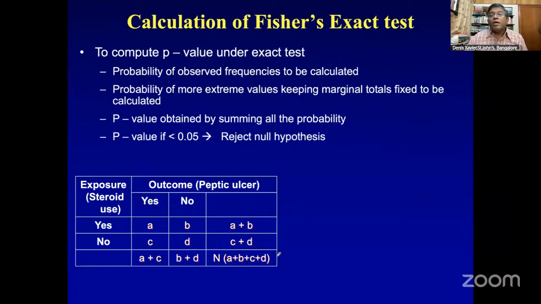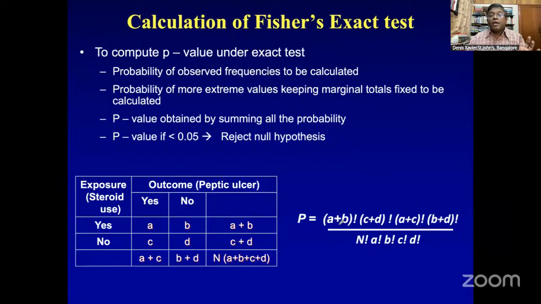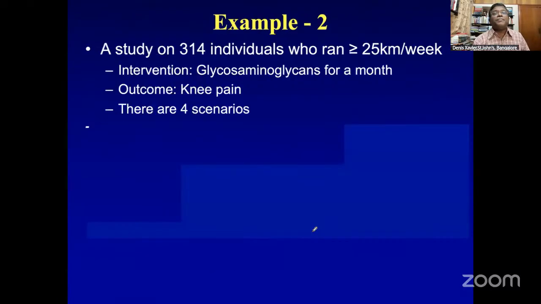And how this formula changes, where we use factorial mathematics, is a plus b factorial, c plus b factorial, all of this, and the total sum, and you multiply all of this and take the factorial. That's all. So that is how we calculate and get the Fisher's exact test. Just for you to be aware of that.